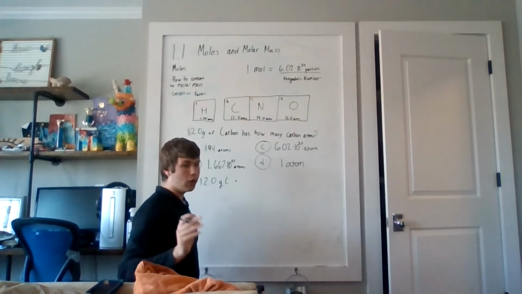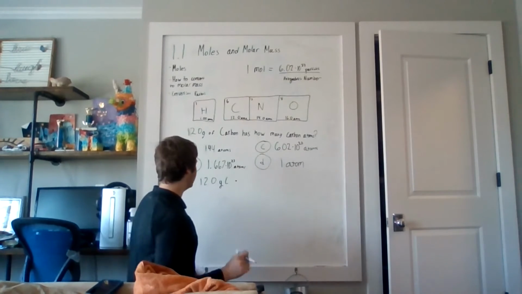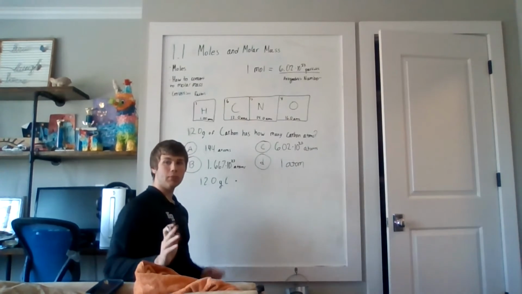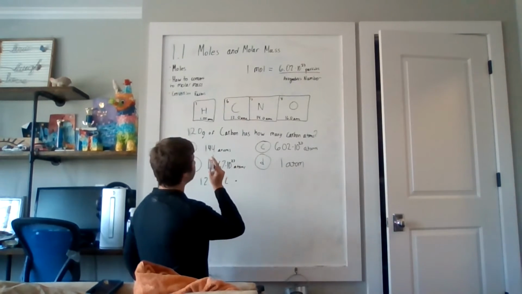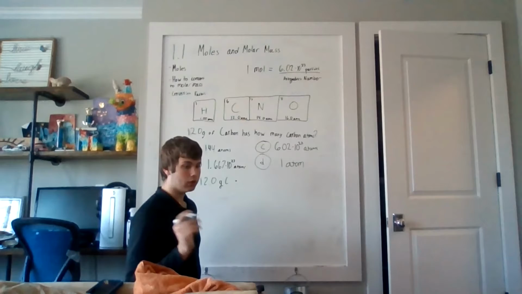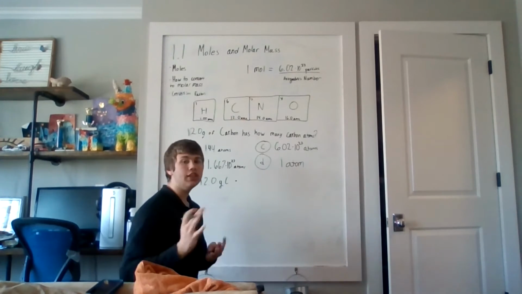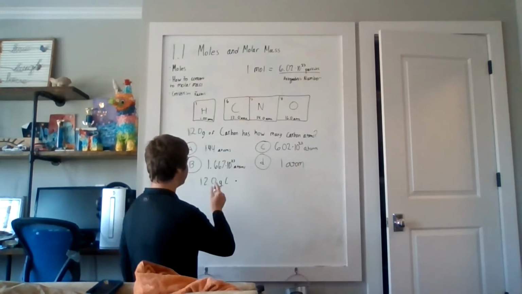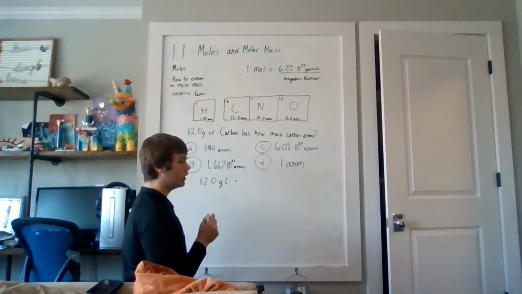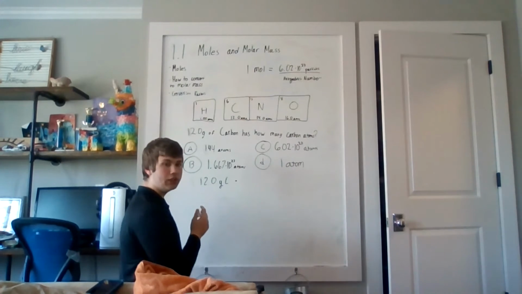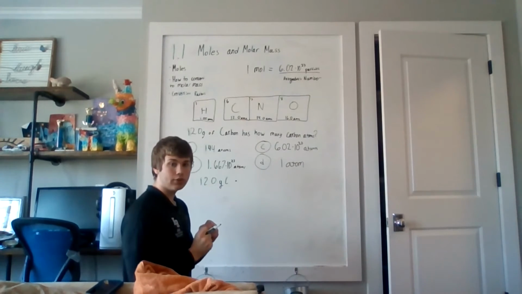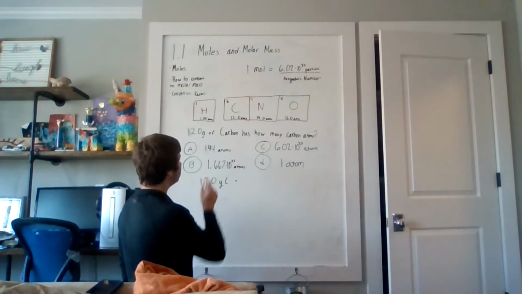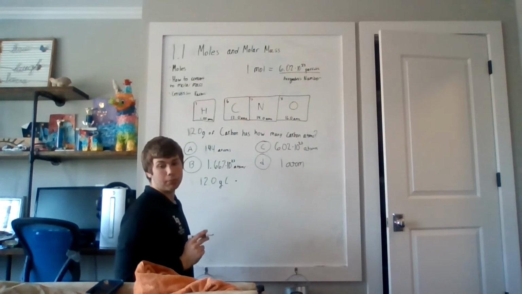So when you're working a conversion problem like this, always remember your units, because if we associate 12 with grams per mole, we will know whether to use the inverse of it or not, based off of what we can get grams to cancel out. In this case, we really do need grams to cancel out. So what we're going to do is we're going to take the inverse of 12 grams per mole.